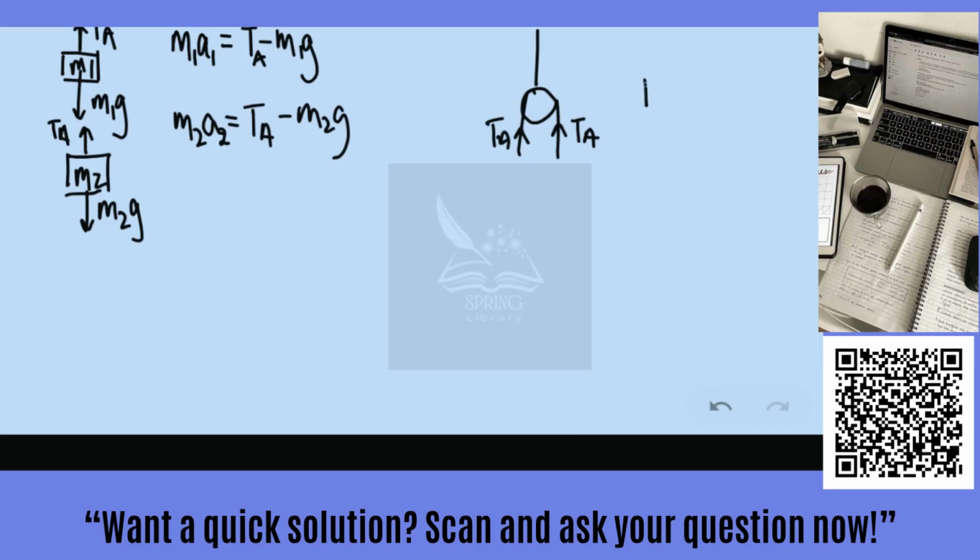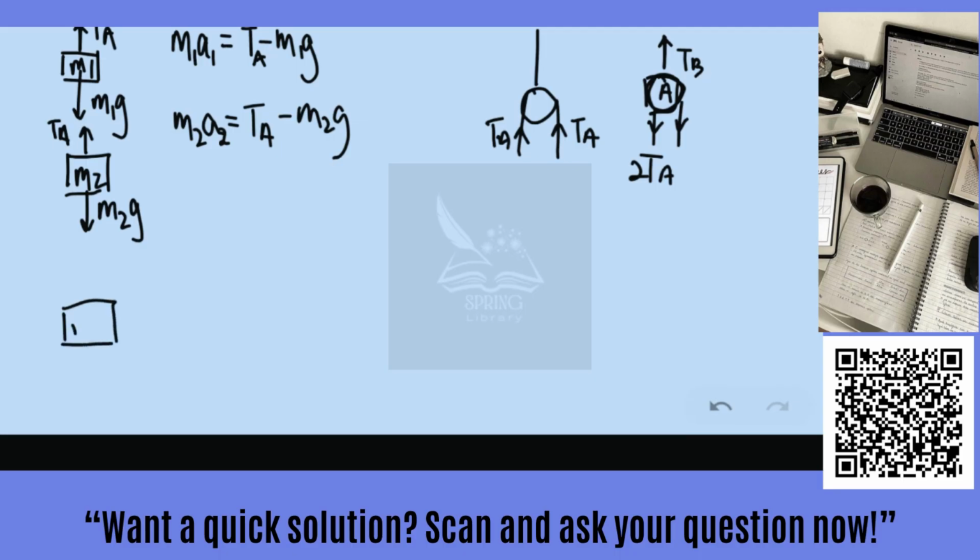So for the pulley at A, right, the pulley A, it experiences actually two downward forces, that is 2 times of TA, and one upward force, that is TB. Right, and this TB will be the force in which the third mass will experience.